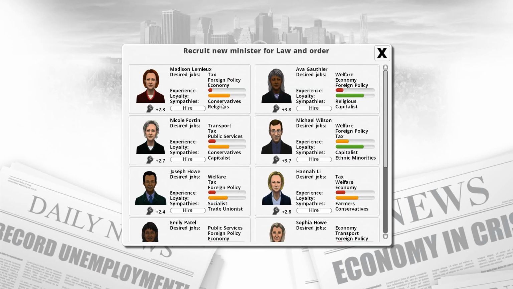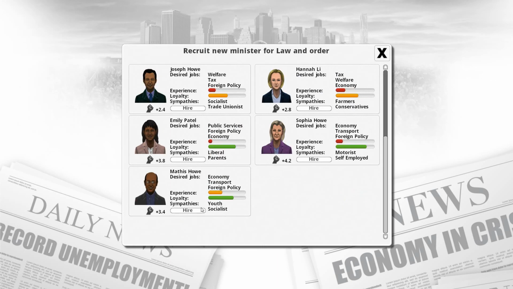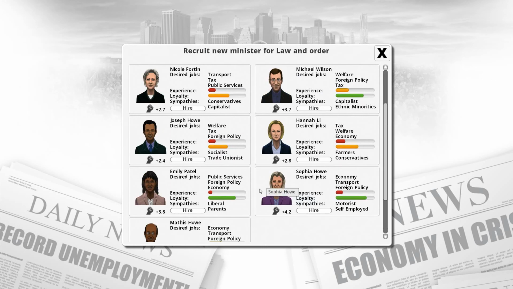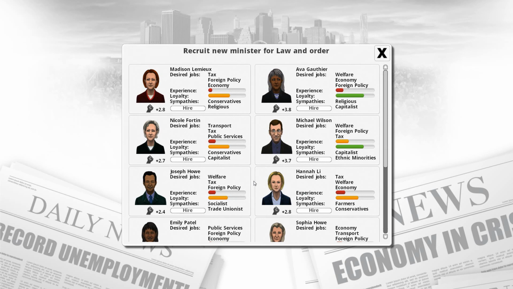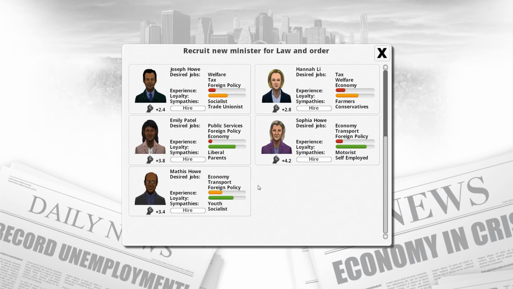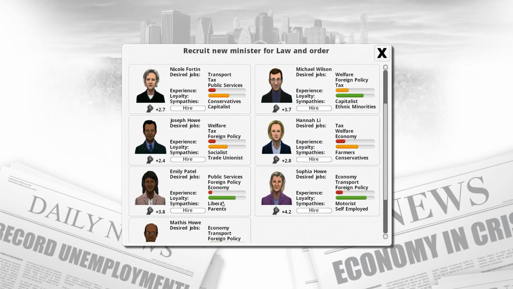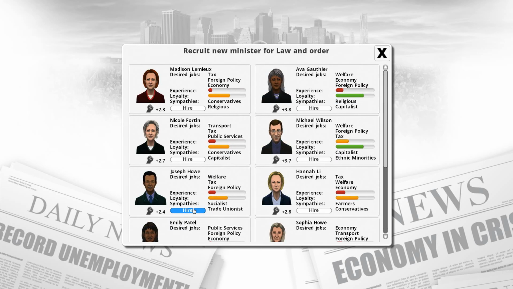Apparently, one of my guys didn't like me, so. Find a new law and order minister. Wow, nobody wants to work in law and order. You can just hire anybody, but that's really weird that nobody wants anything to do with law. So instead, let's just pick whoever's the most loyal. That guy's pretty loyal and has a lot of experience.